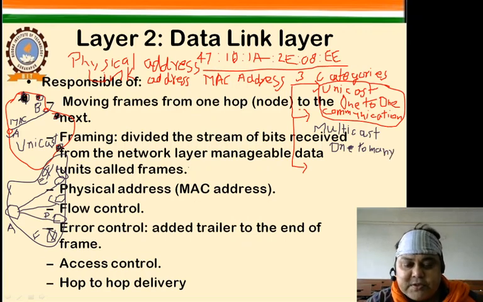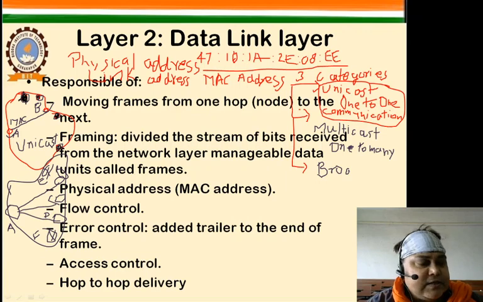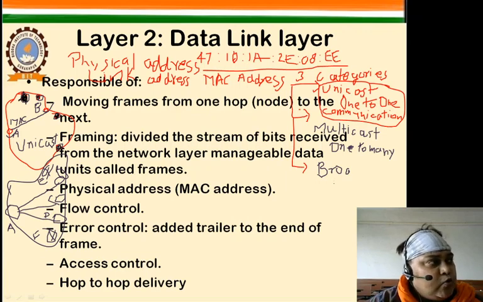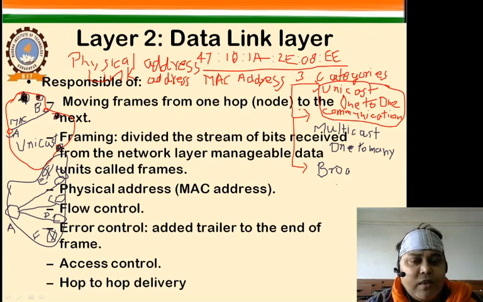Now moves to the third category. This is the broadcast category. In this category, everyone communicates with each other within the network. That means communication is one to all.